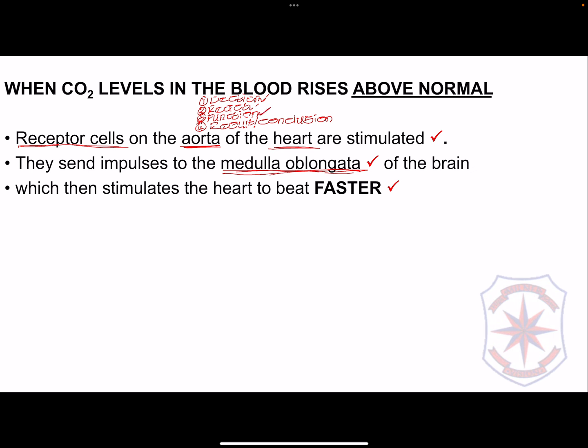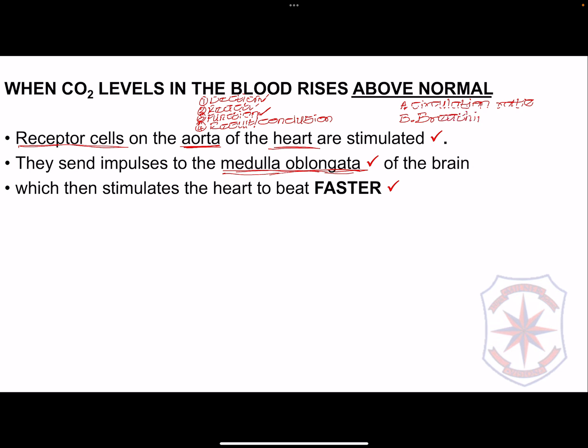Okay, but remember, there are 2 things that we said we are looking at in terms of regulation of CO2. We said you need to describe what happens in terms of A, circulation rate, and B, you must describe what happens in terms of breathing rate.